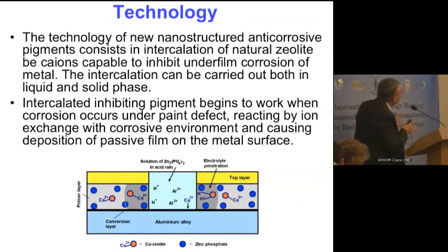Intercalated inhibiting pigment starts to act as soon as corrosion occurs under the paint defect. The reaction is due to ion exchange with corrosive environment and the creation of passive film on the metal surface.